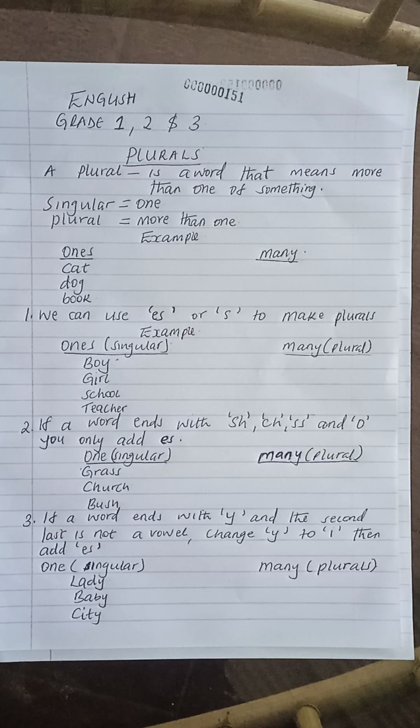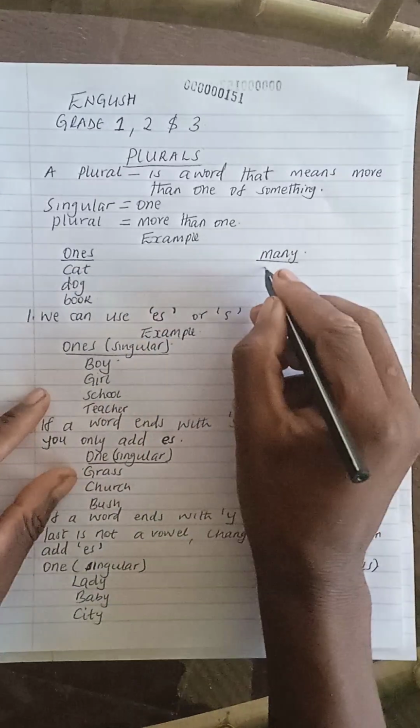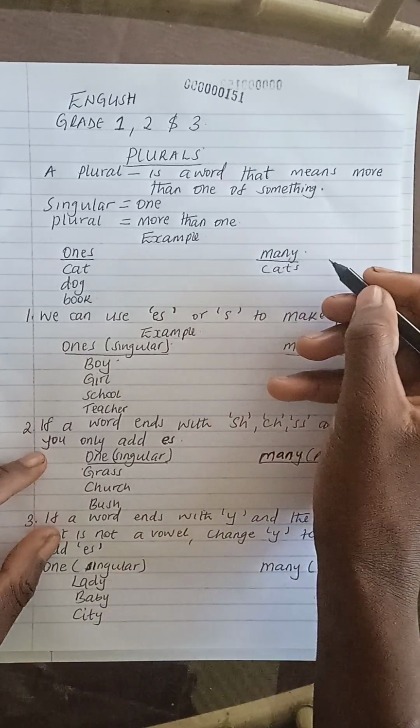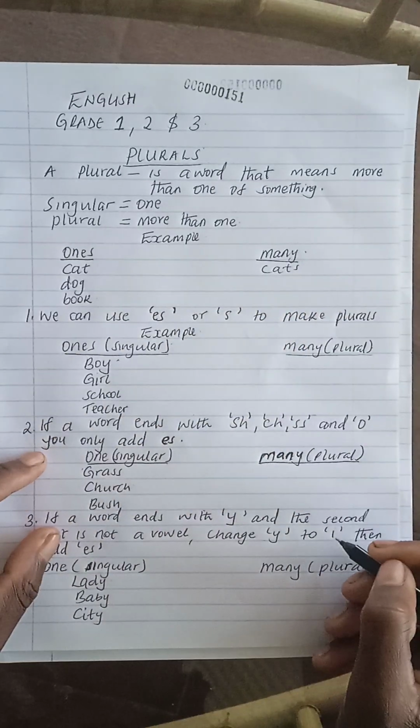For example, we have the word cat, which is in ones. Then you have to write the word cat in plural, or in many. So the word cat will be cats, like that, in many.